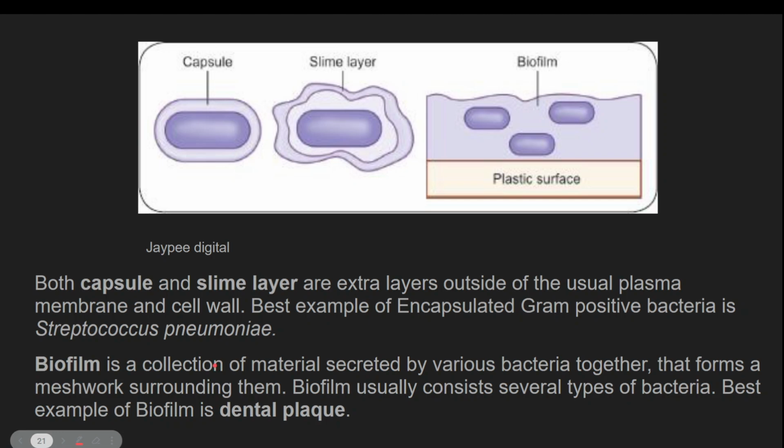So this dental plaque is nothing else but bacteria, also surrounded by various fibers that it has accumulated from the surroundings, through the components of your saliva or from the food materials, and also certain waste material that it has released outside.